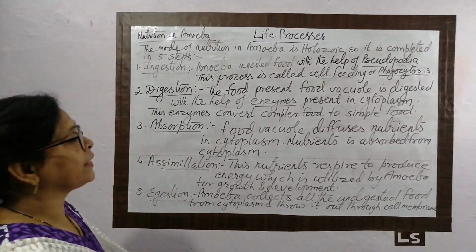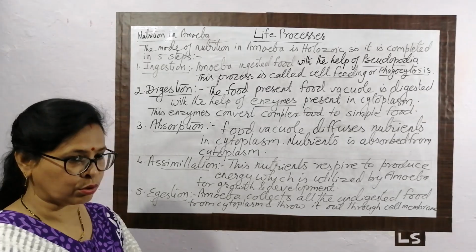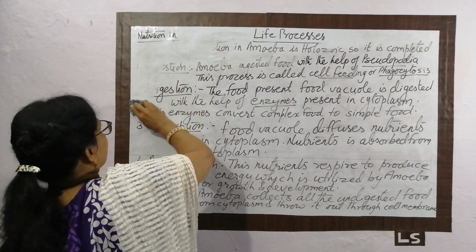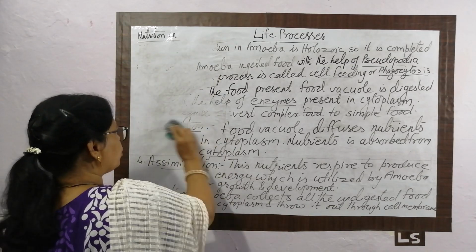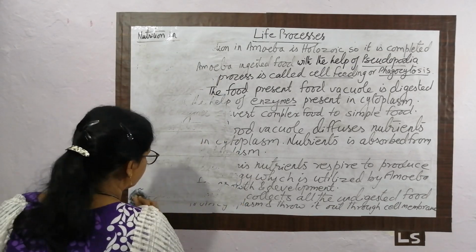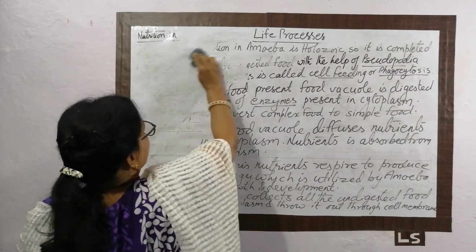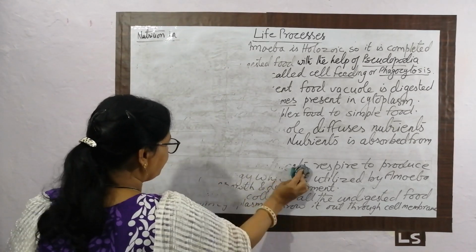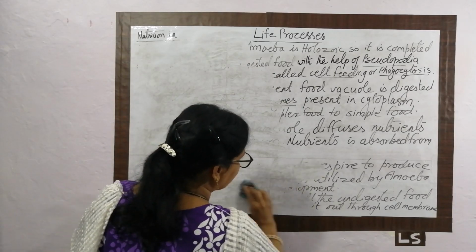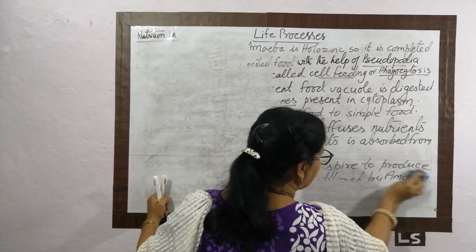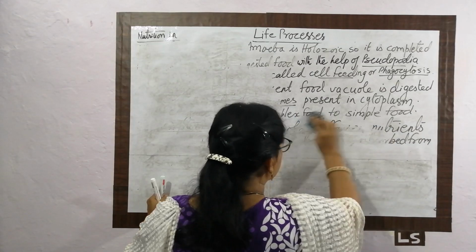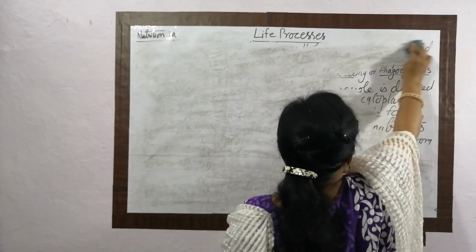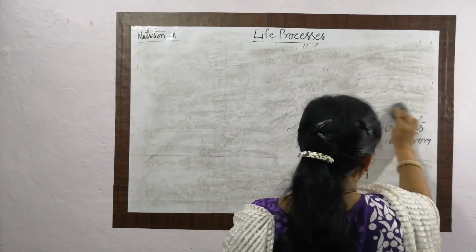We have to study the digestion in Paramecium also. I will remind you what is the shape of Paramecium. Paramecium is also a unicellular organism, a unicellular animal. Can anybody remind me what is the shape of the Paramecium? The shape of Paramecium is termed the slipper shape. Any other peculiarity that you have studied in 8th class about the Paramecium?